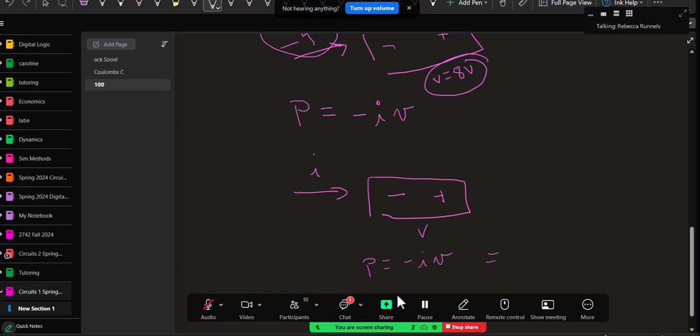Now I go and look at my values of I and my values of V, and I plug in. I is minus 4 amps, and V was 8 volts. And so negative 4 times 8 is going to give me 32 watts.